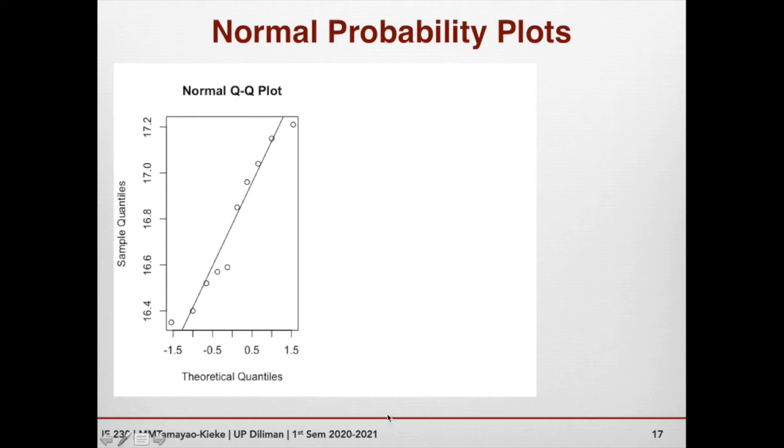Now, how do you use the normal probability plot? It's fairly simple, actually. The test is called the fat pencil test. In this test, you imagine that you overlay a fat pencil across the points. If the points fall within that fat pencil, then the data passes the normality test.